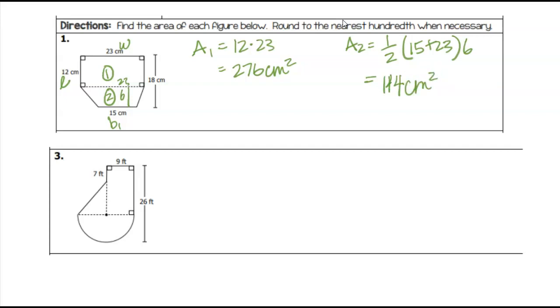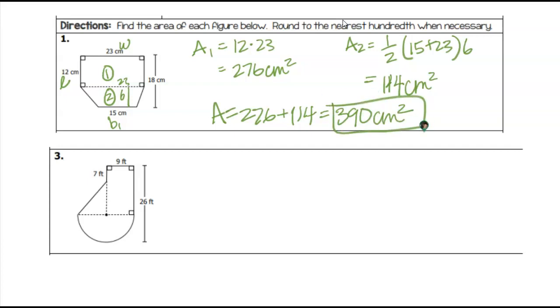I'm going to get my final area by adding those two together. So 276 plus 114, and that is 390 centimeters squared. All right, so 2 composite figures there. On to number 3.